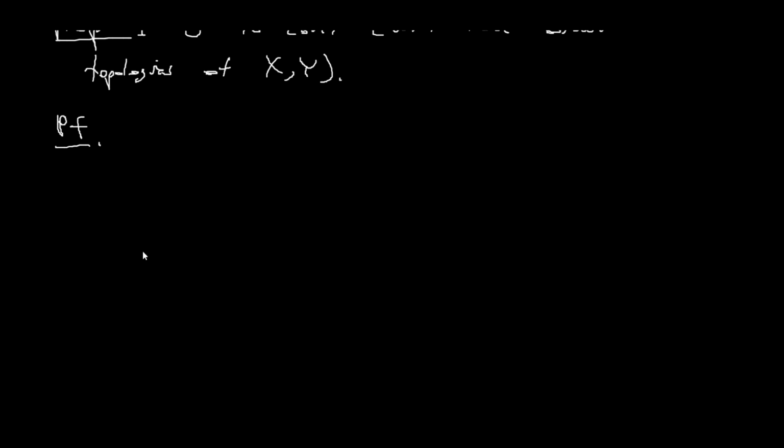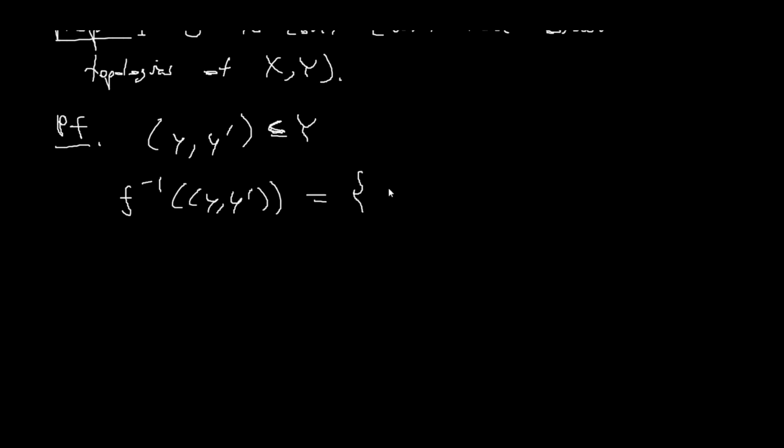We'll just look at the basis intervals of the form (y, y prime), the subsets of Y, and we're going to demonstrate that the inverse image of these intervals under f is just other open intervals. So the inverse image of (y, y prime) is just the x in X for which y is less than f of x, which is less than y prime.